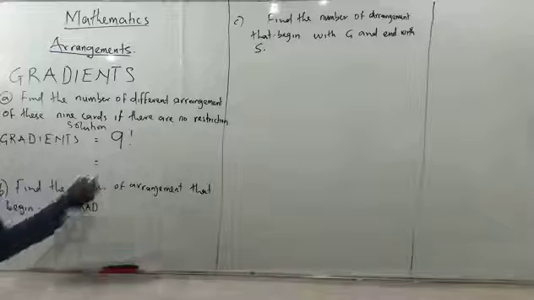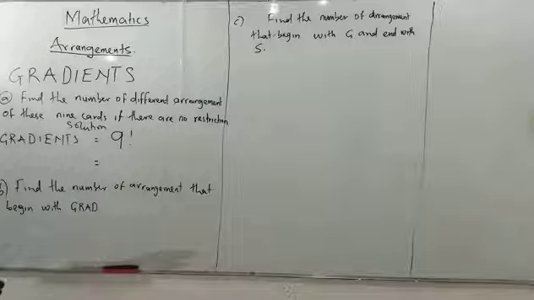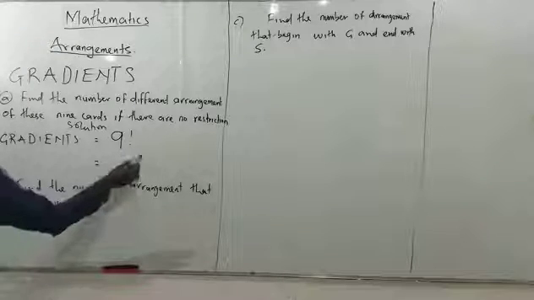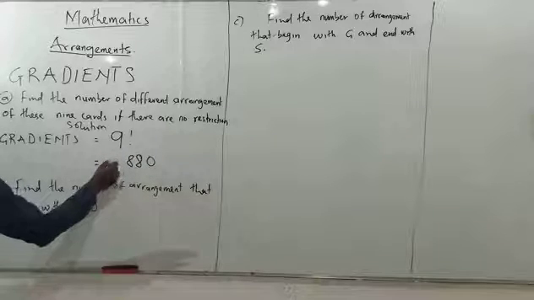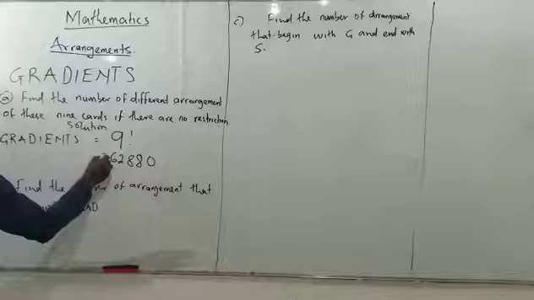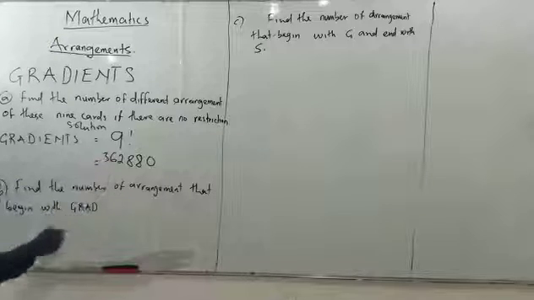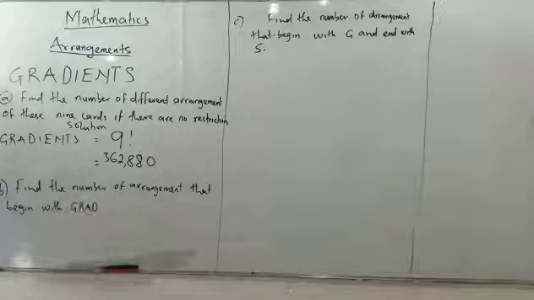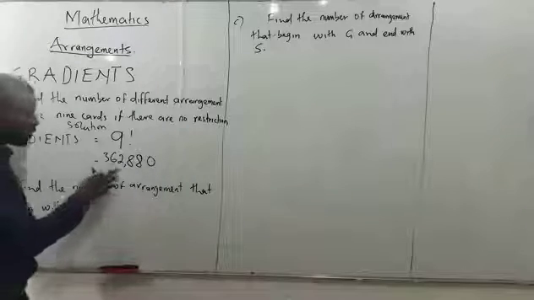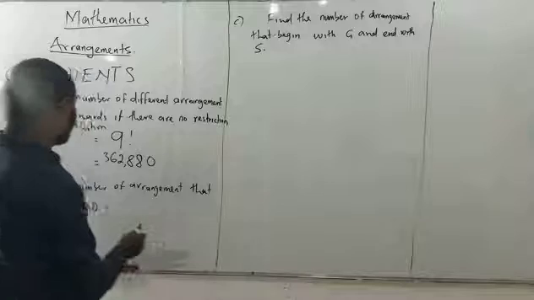Your 9 factorial will give us 362,880 ways.